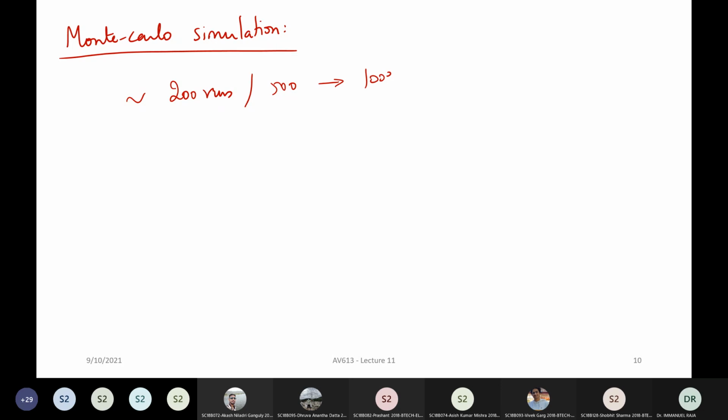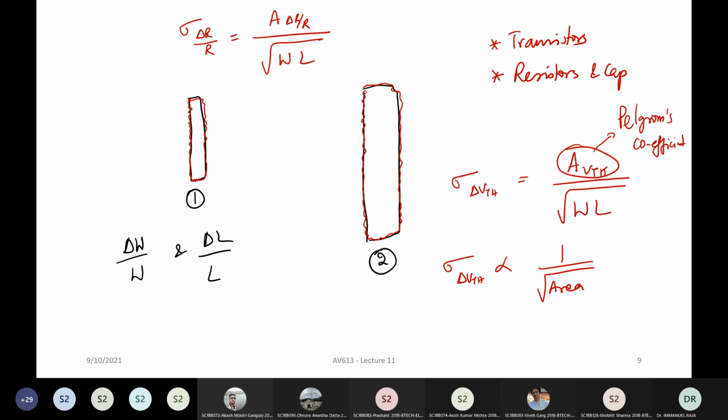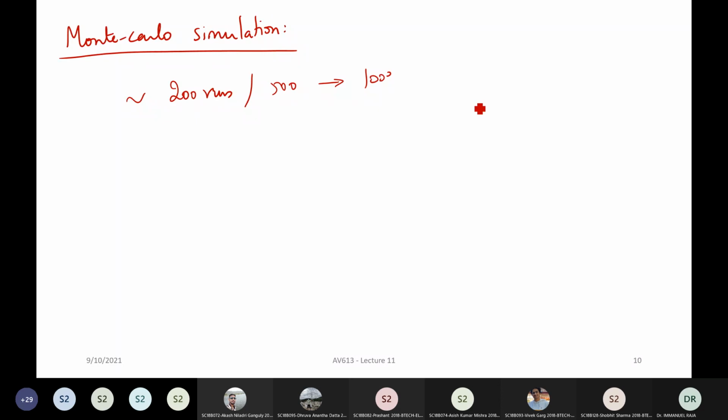Okay, what happens is, let's say I have a current mirror. What happens in a Monte Carlo simulation is I'm going to simulate it, let's say 200 times. But every time I simulate, it is going to sample in a given space. Now this Pelgrom's coefficient basically gives you the sigma, right? So if you look at this, this is your mu and this is your sigma.